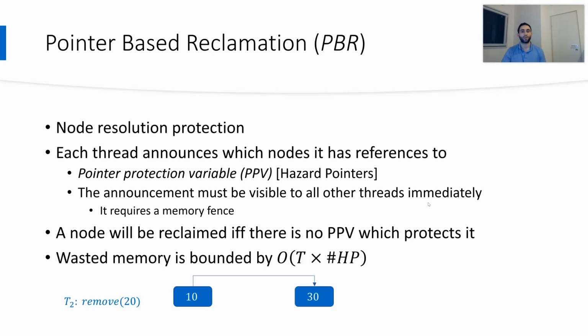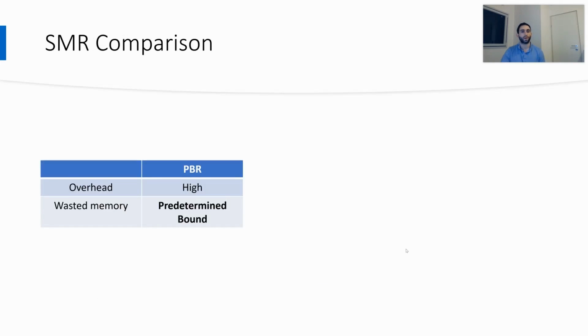Each thread can block nodes from reclamation up to the number of hazard pointers it owns. Therefore, the wasted memory is at most t times the number of hazard pointers. To sum up, HP imposes a high runtime overhead due to the expensive per-node memory fences, but it provides a predetermined bound on the wasted memory.